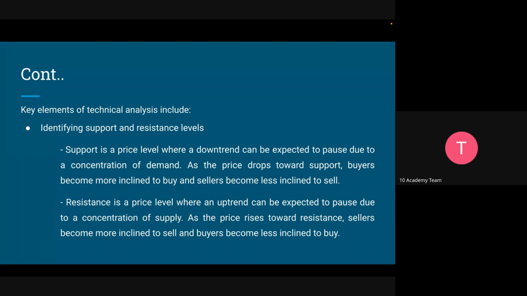This is what the support level means, and the resistance is the opposite of that one, where as the price keeps rising, it's expected to lead to a concentration of supply. So as the price rises towards resistance, sellers become more inclined to sell, but buyers become less inclined to buy because it becomes really expensive.